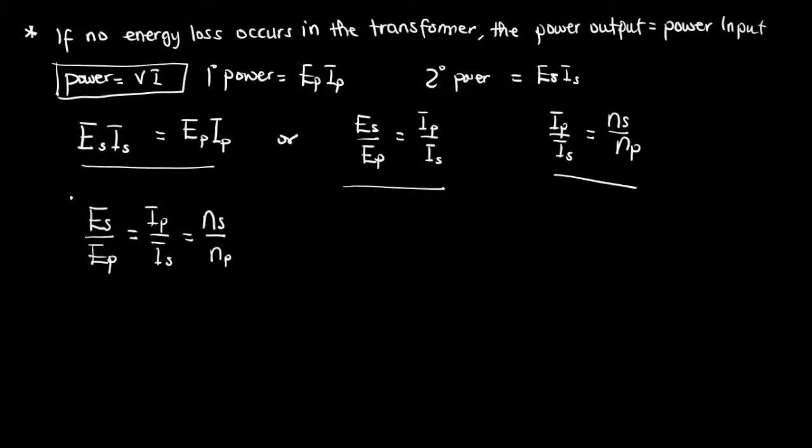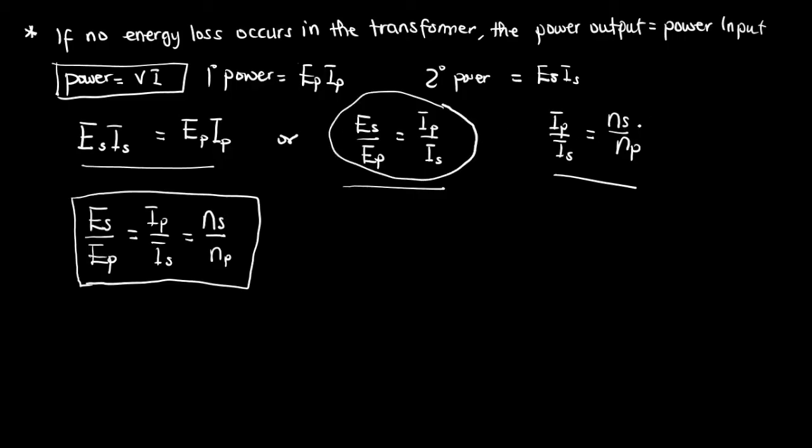Now this is a very useful expression that you are going to be needing for all your calculations. You either take these expressions and know them off head, or you just know this one off head, and then you are good to go to solve any problem on transformers.